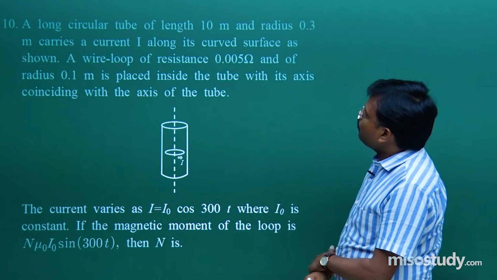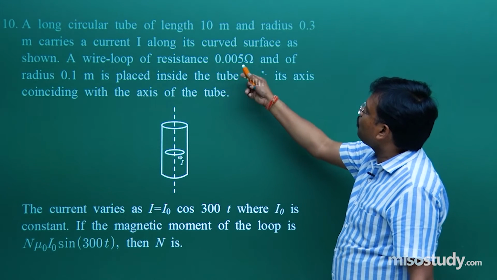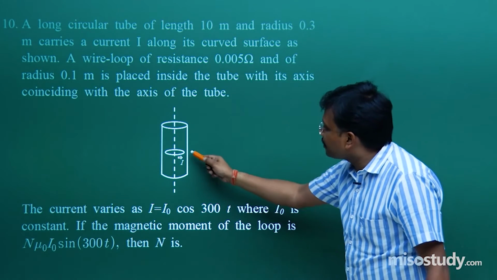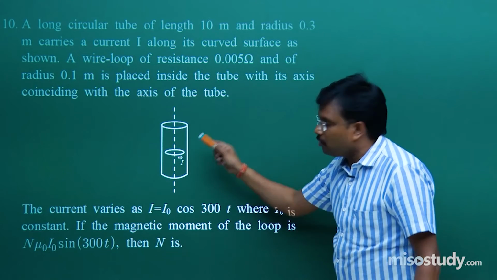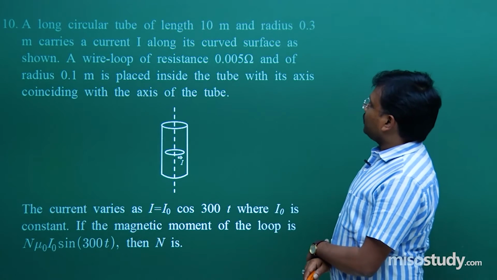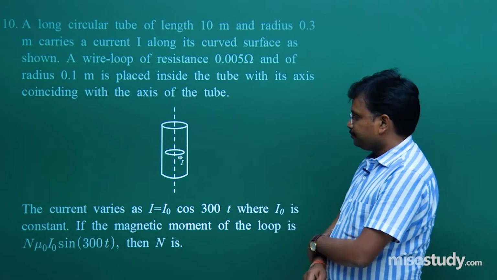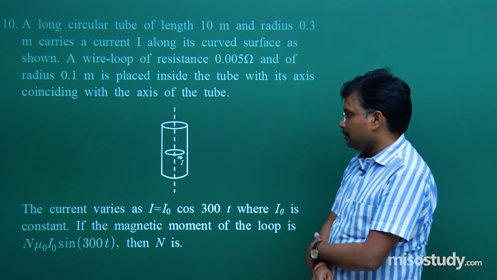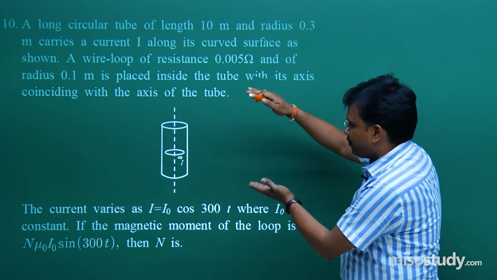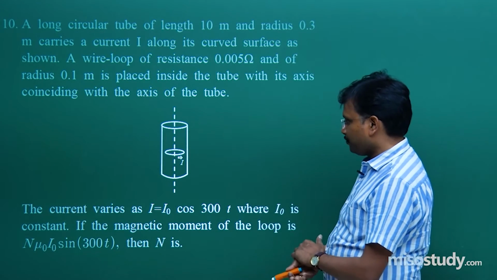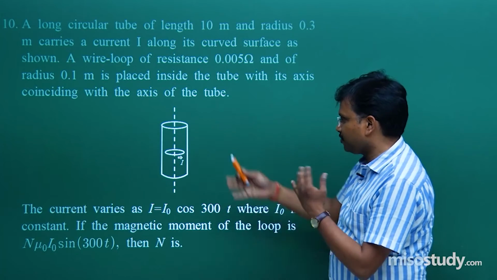A wire loop of resistance 0.005 ohm and of radius r is placed inside this tube, this small wire, with its axis coinciding with the axis of the tube. Actually, I created this diagram keeping in mind that the diagram should be simple enough to give you clarity. I hope that the 3-dimensional aspect is clear.